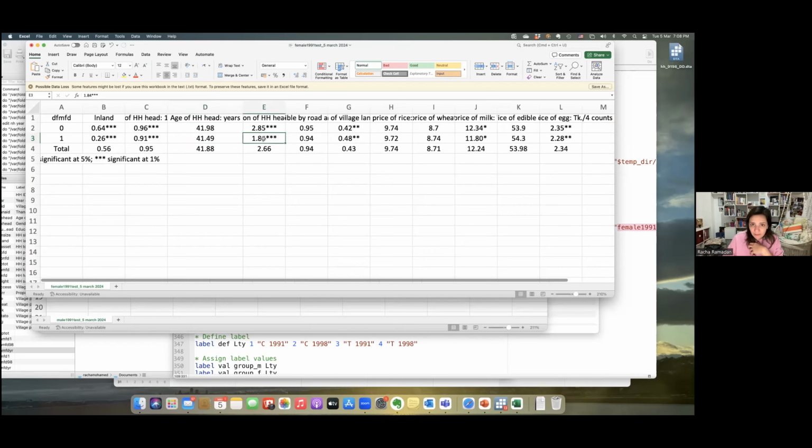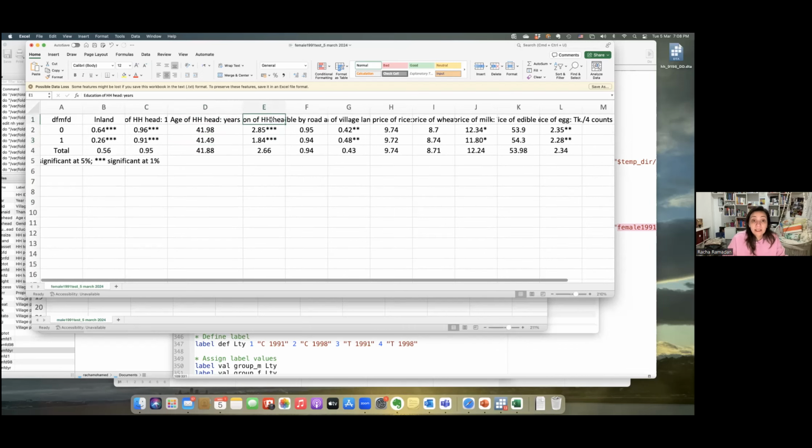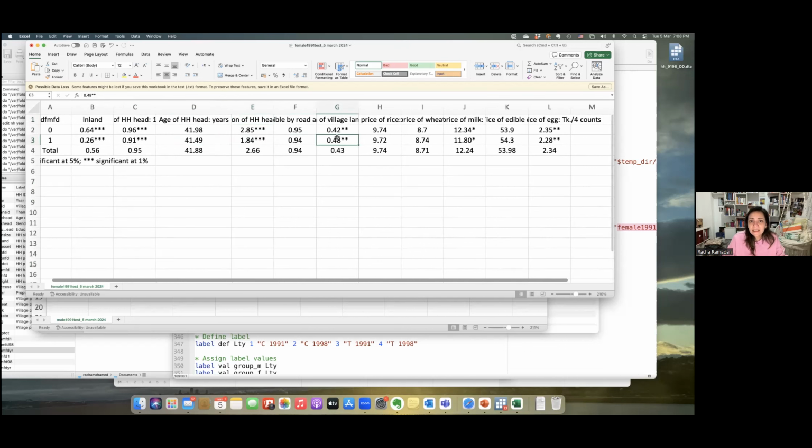The beneficiary households have younger heads. No, this is education, so they have lower years of education. I'm sorry, there is no difference in age, but they have less education. And there is a difference in irrigated land: they are living in villages with a higher irrigated area.